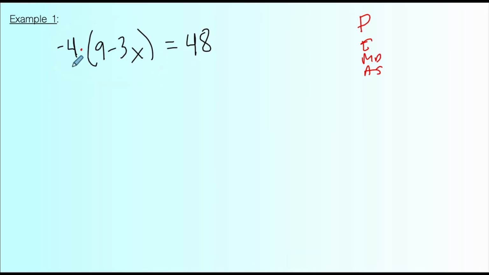So the first thing I'm going to do is negative 4 times 9 and negative 4 times 3. So negative 4 times 9 is negative 36. And then negative 4 times 3 is negative 12. But that's going to make this minus negative 12x.